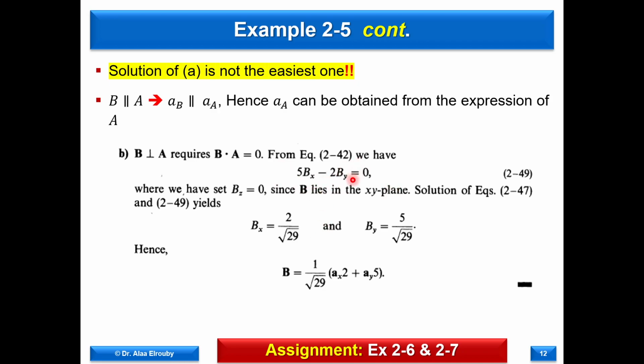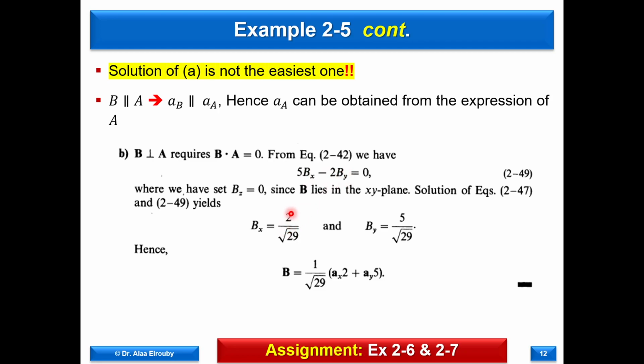So we have the relationship here, and now we can give any value for bx and we'll find the value for by. Then we make sure that it is a unit vector. We can put bx equal 1, we can put bx equal 2, whatever value. We will end up with one solution because we are seeking a unit vector. So here, for simplicity, they put 2 for bx, so it will find that by equals 5.